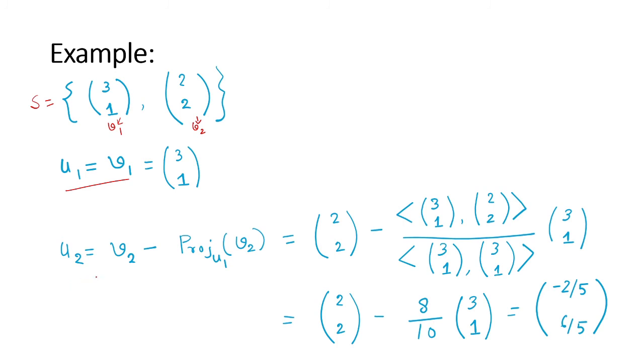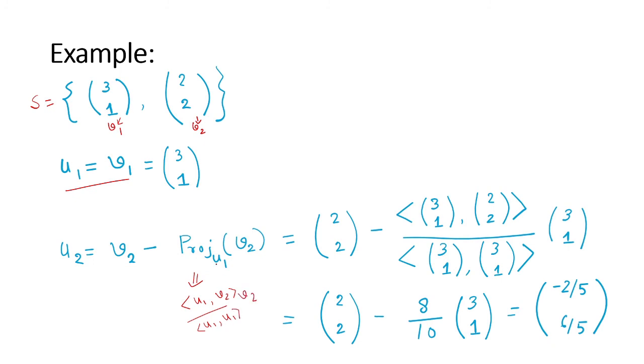as we have said, u2 will be v2 minus the projection of v2 in the direction of u1. How was it calculated? v2 would be (2, 2) here, as we have already written down, minus the inner product of u1 and v2 divided by the inner product of u1 and u1, times u1.